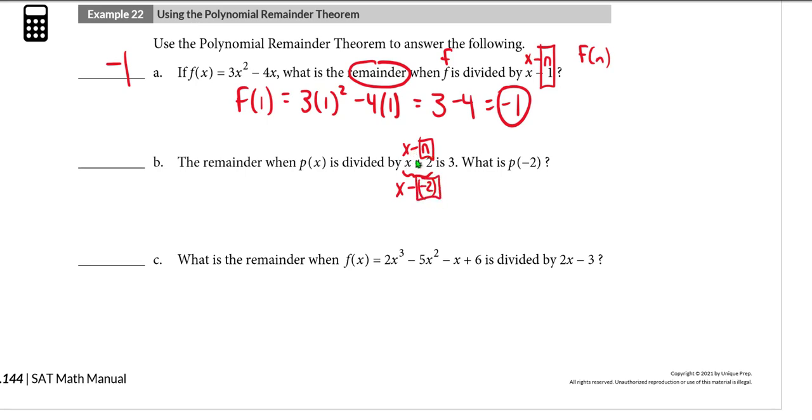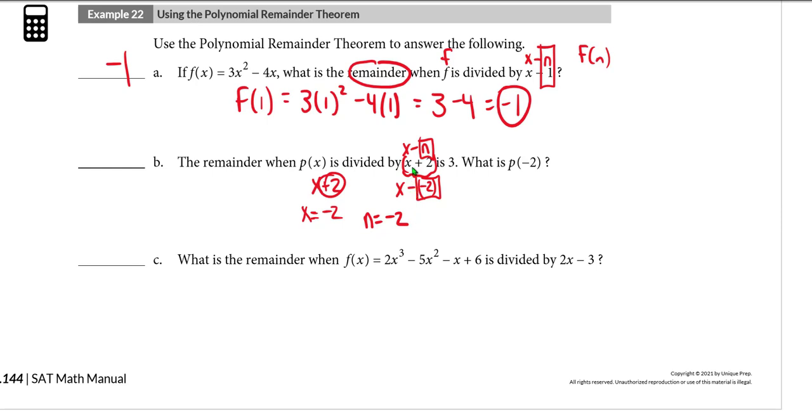Another way of thinking about that is that n is the 0 corresponding to whatever factor we're dealing with. When we're dealing with a factor of x plus 2, we can just flip the sign on that positive 2 and we get the 0 of negative 2. So n is negative 2.